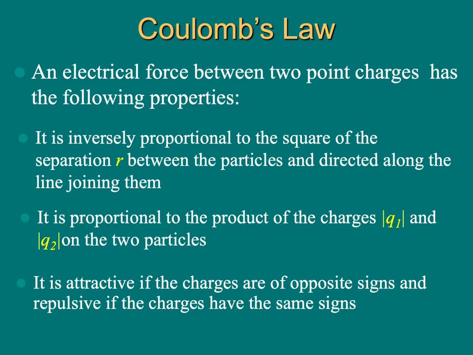He also found that the force is proportional to the product of charges Q1 and Q2. If those two charges are the same kind of charge, they repel. If they are different, then the force between them is attractive.